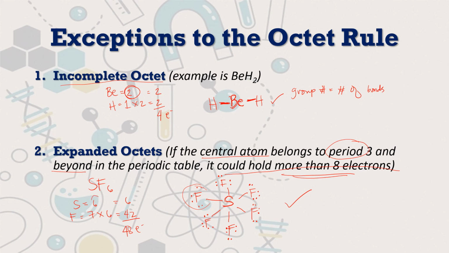And sulfur belongs to group 6, therefore it could hold more than 8 electrons if it becomes the central atom. One thing more why this is valid: because sulfur belongs to group 6, it could make 6 bonds also. So we have 1, 2, 3, 4, 5, and 6.